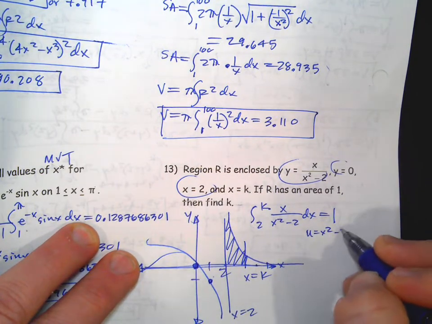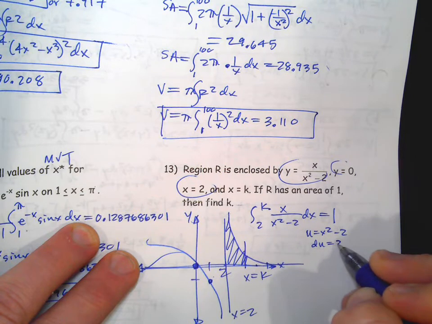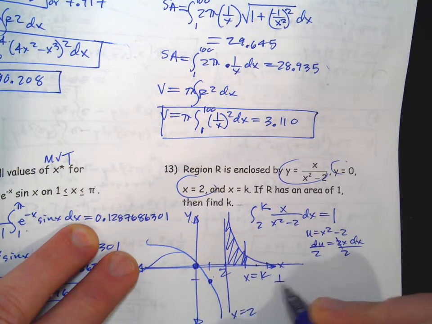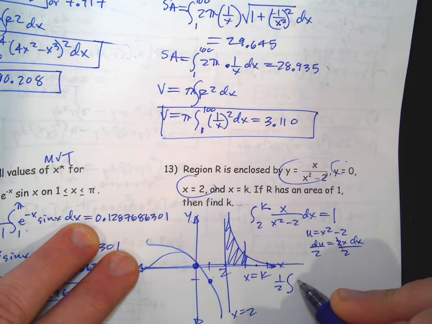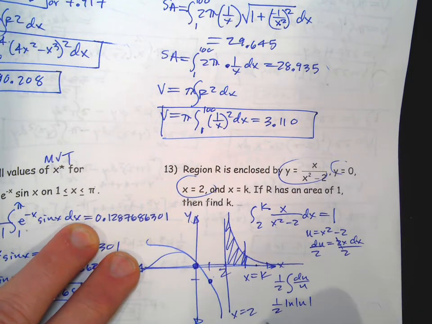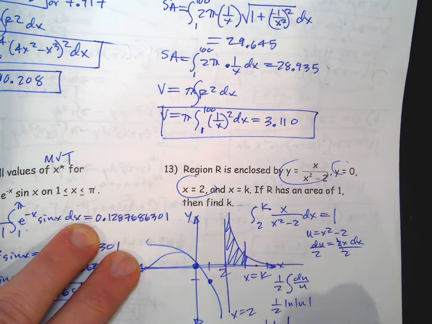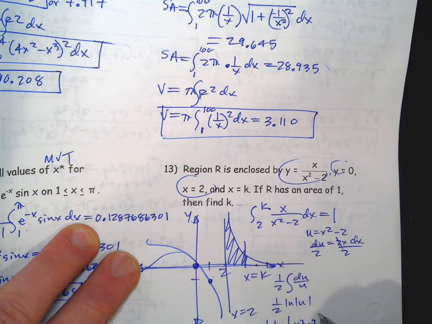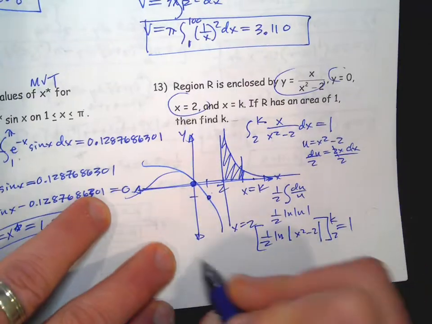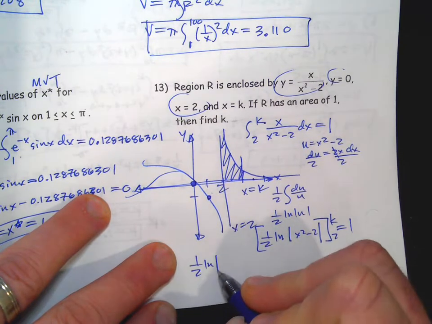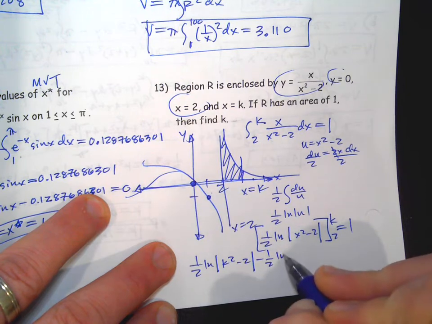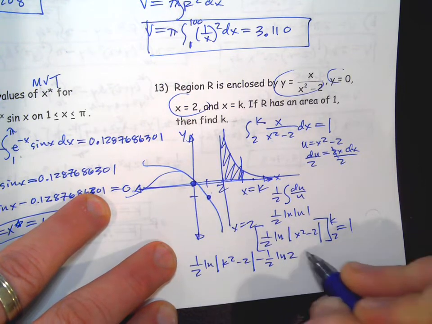Let u equal x squared minus 2, du equals 2x dx. I don't want the 2. So this is going to be 1/2 du over u. It's going to be 1/2 natural log of the absolute value of u. It's going to be 1/2 natural log of the absolute value of x squared minus 2 from 2 to k equals 1. It's going to be 1/2 natural log of the absolute value of k squared minus 2 minus 1/2 natural log of the absolute value of 2 equals 1.